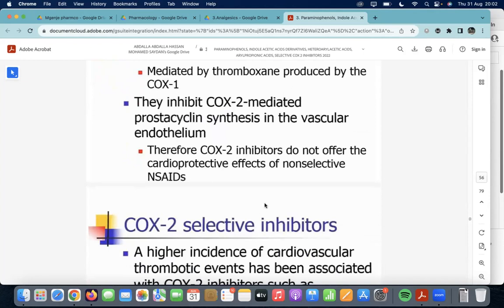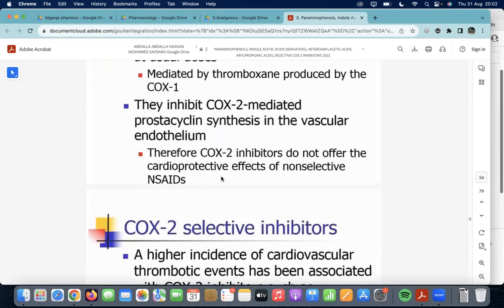In the stomach, there's usually a protective mechanism involving the COX enzyme. Once the NSAIDs inhibit those COX compounds, they reduce the protective mechanisms in the stomach, and hence they increase sensitivity to acid, which may cause ulcers.